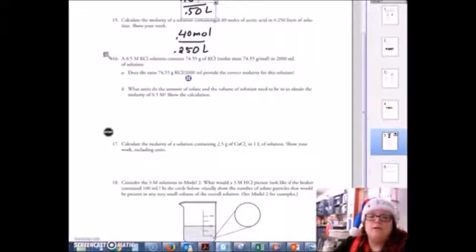What you have to do first is change grams to moles, and we already know how to do that. Grams divided by molar mass. And you need to change milliliters to liters. To do that, you would take 2,000 milliliters and divide by 1,000 milliliters in 1 liter. Okay, so go ahead and do those calculations.